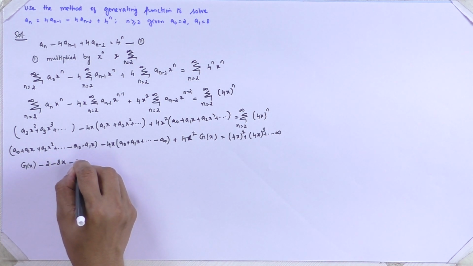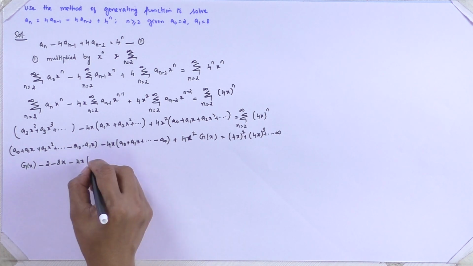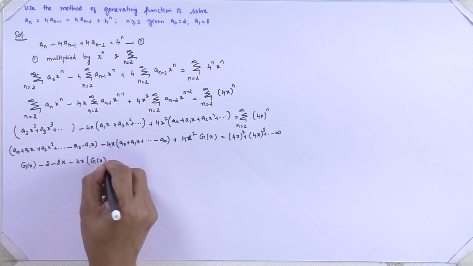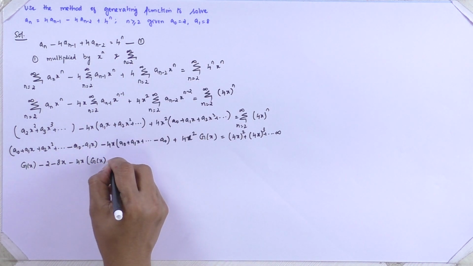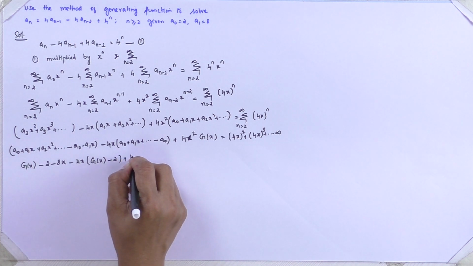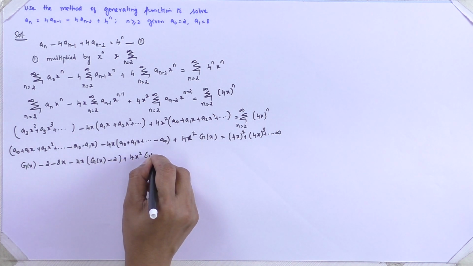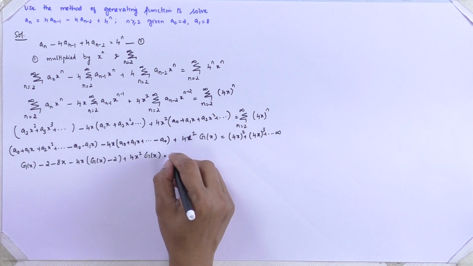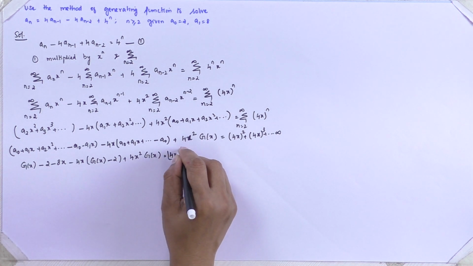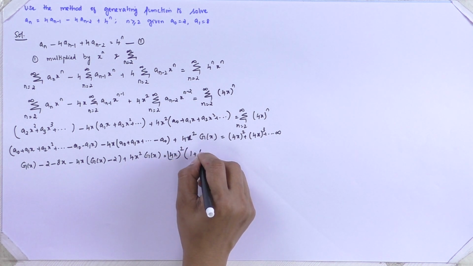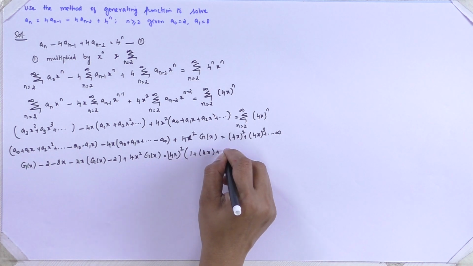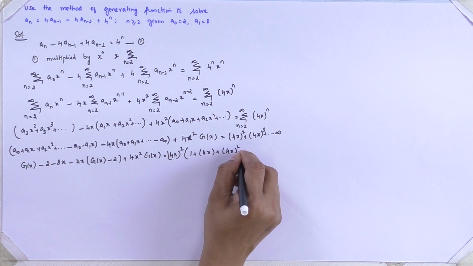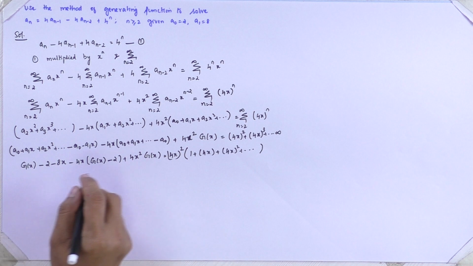Minus 4x into all these terms, which are g of x minus a naught, that is minus 2 here, plus 4x square into g of x is equal to, I can take 4x the whole square outside, then it will be 1 plus 4x plus 4x the whole square plus so on till infinity.